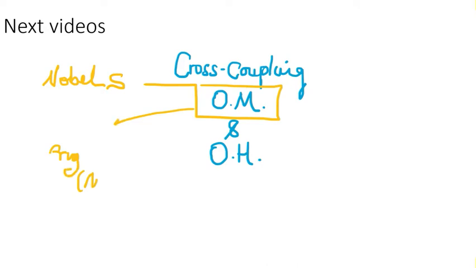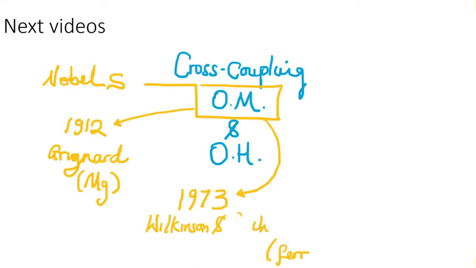This started off in the early 20th century, where we had Grignard using magnesium in the formation of a Grignard reagent in the year 1912, and then in the year 1973 Wilkinson and Fischer used a sandwich compound which is ferrocene, and this was crucial in the formation of intrinsic products in the process.